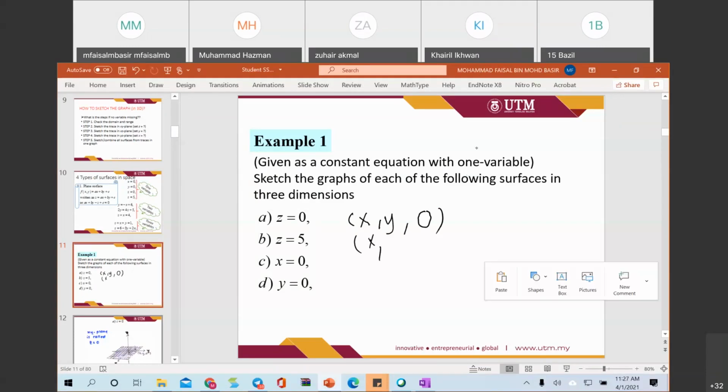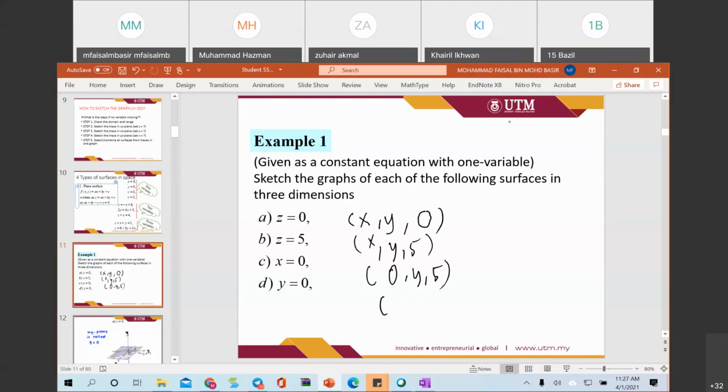Okay, (x, y, 5). So x = 0 means (0, y, z). What is x = 0? Yes, good. Who is that? Zuhair. Yes.